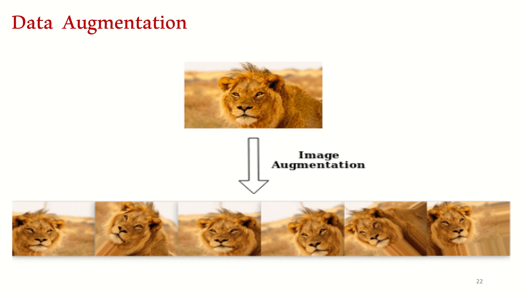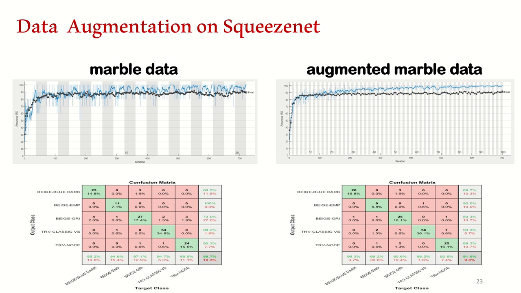Data augmentation is a strategy that enables practitioners to significantly increase the diversity of the data available for training models without actually collecting new data. Data augmentation techniques such as cropping, padding, and horizontal flipping are commonly used to train large neural networks.